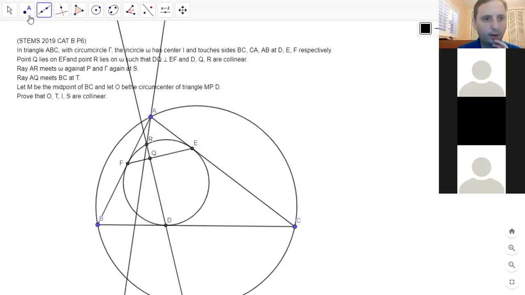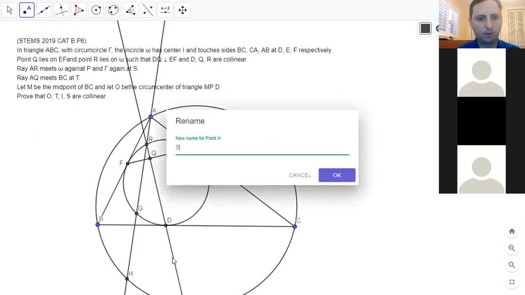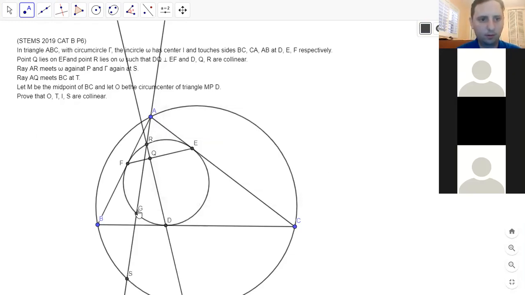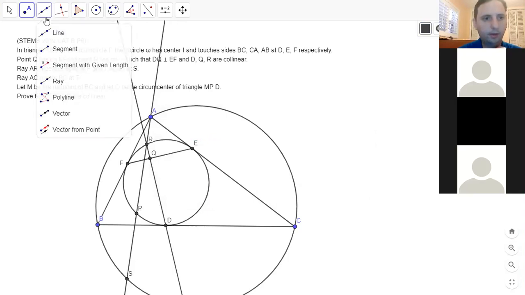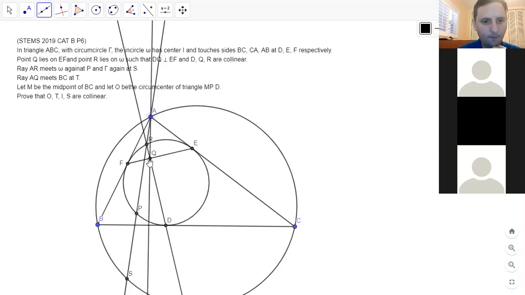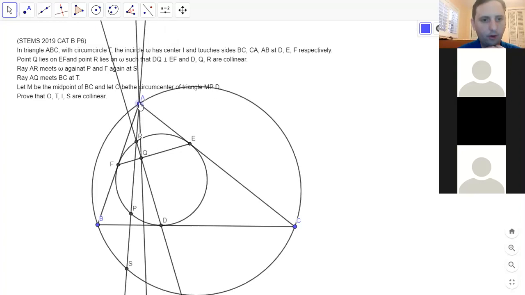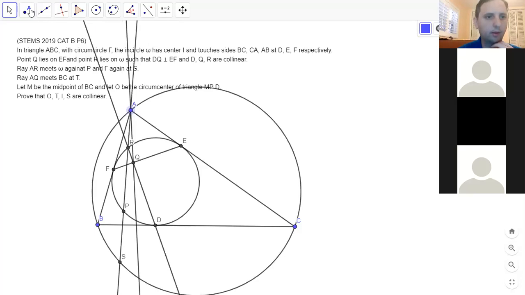So AR meets the incircle again at P and the circumcircle at S. AQ meets BC at T. Almost looks like AQ is perpendicular. Oh, by the Iran lemma, oh no, AQ is not perpendicular to BC.